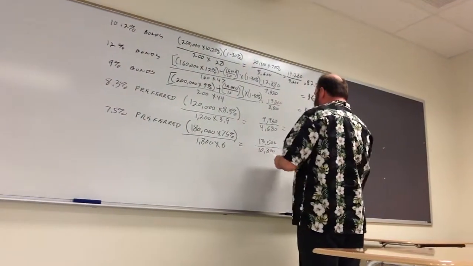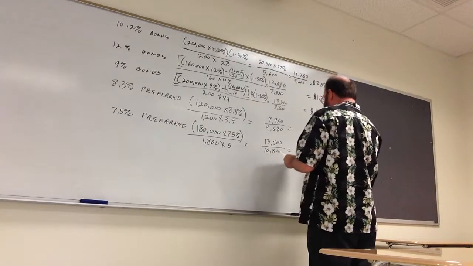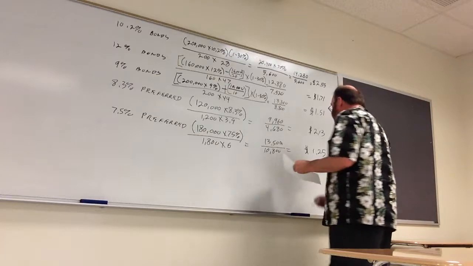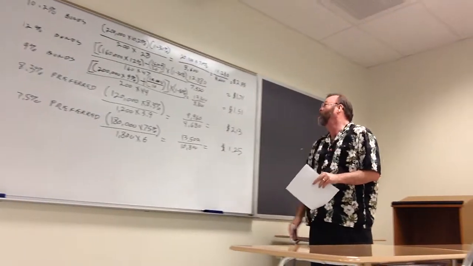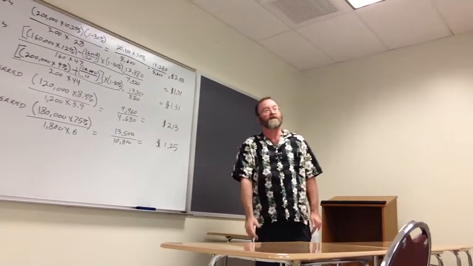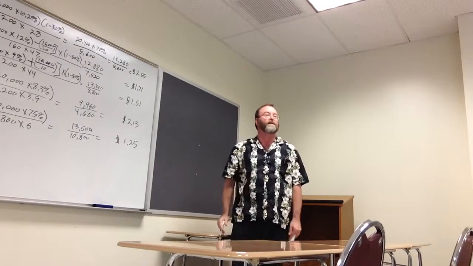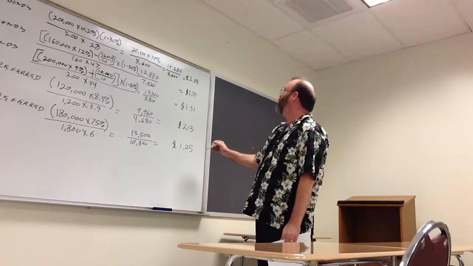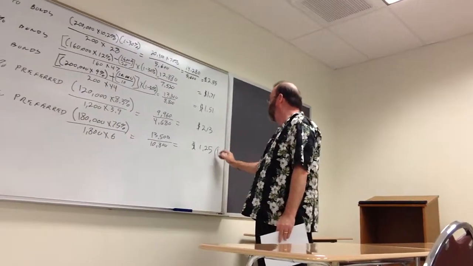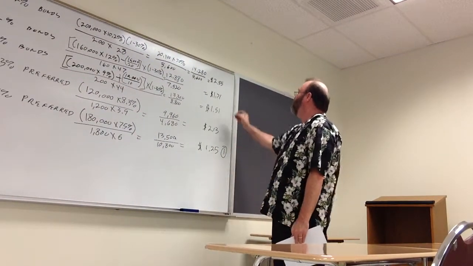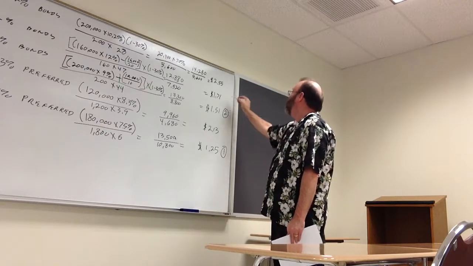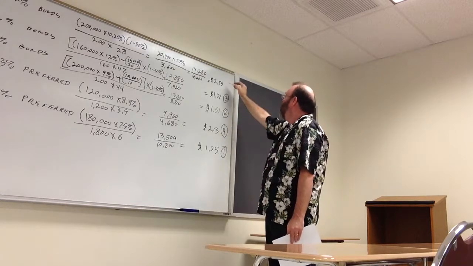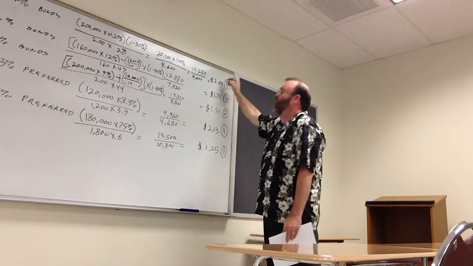All right, so 13,500 divided by 10,800 is $1.25. So these are the impacts. So which of these has the largest impact? The last one we did at $1.25, that's number one. Then this one, then this one, and then here, and lastly, here.